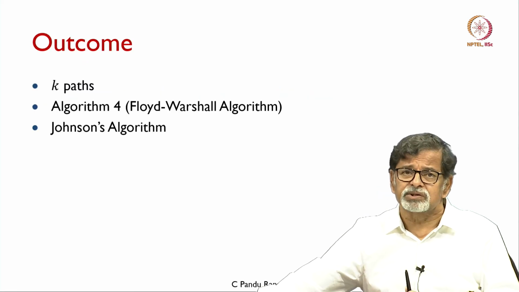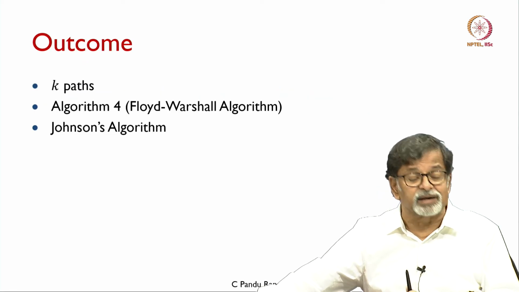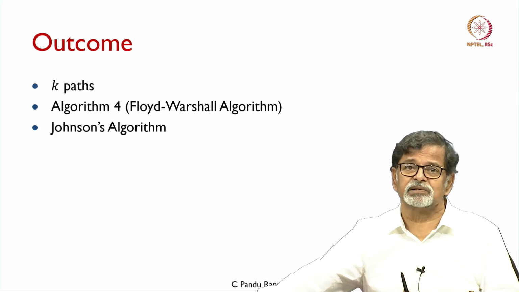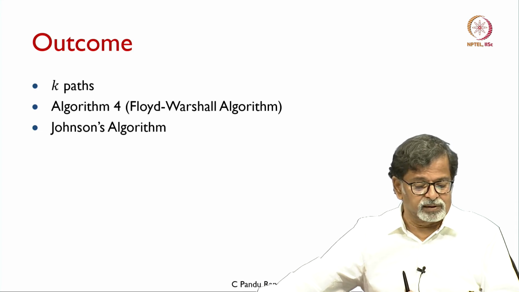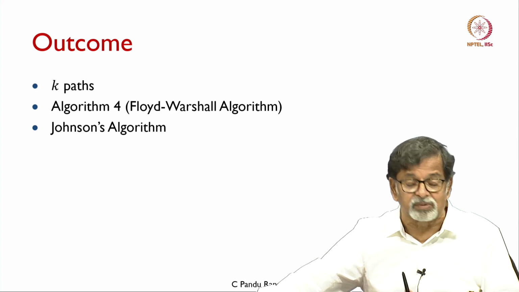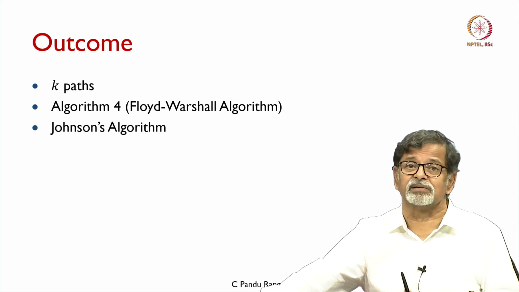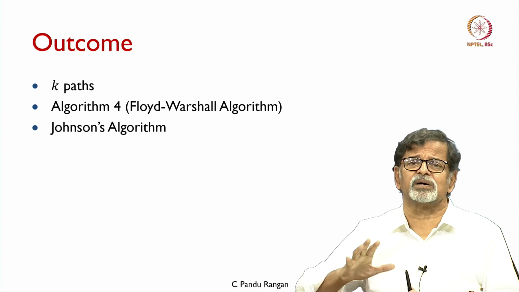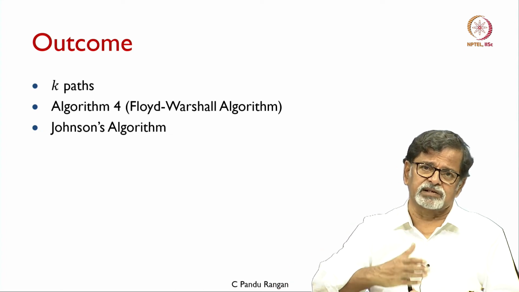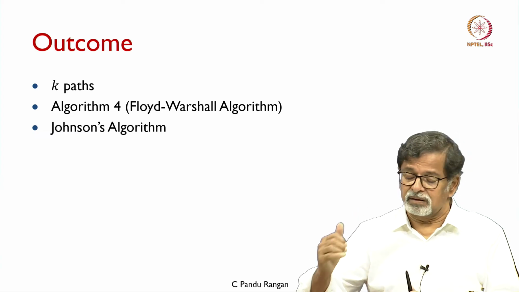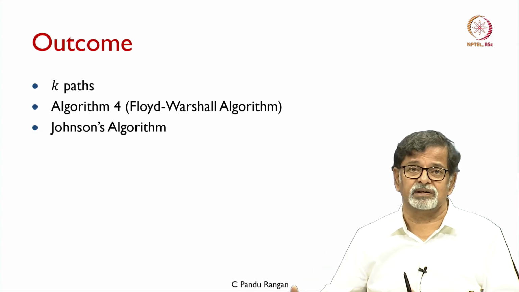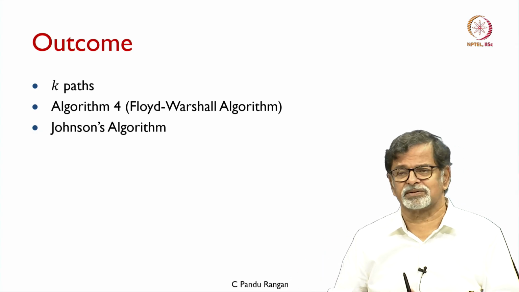We will introduce the notion of k paths and then discuss the algorithm by Floyd and Warshall whose complexity is order n cube. Then we conclude the discussions on all pair shortest path problem by discussing Johnson's algorithm, which is just a very clever combination of Dijkstra's algorithm and Bellman and Ford algorithm to achieve further efficiency on sparse graphs.